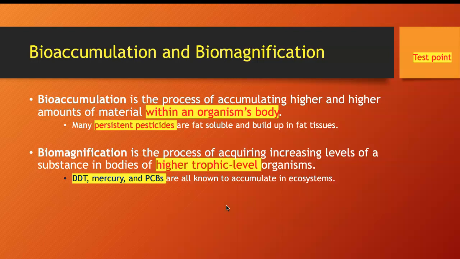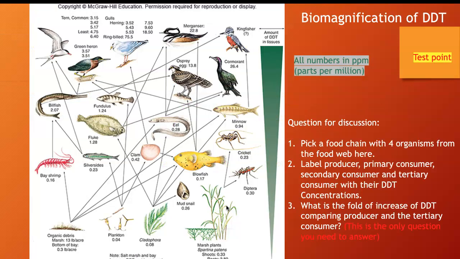We are comparing different trophic levels. And the higher the level is, the much higher the concentration of the chemical will be. DDT, mercury, and PCBs are all known to accumulate in ecosystems. Now it's even worse, right? They do not degrade, they do not disappear, and they reach a dangerous high level.